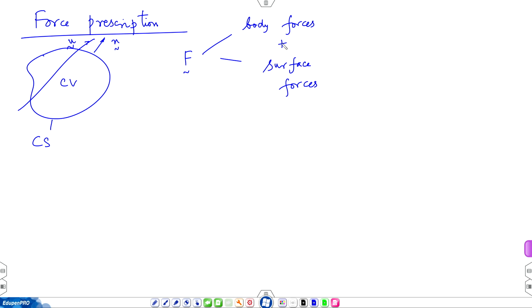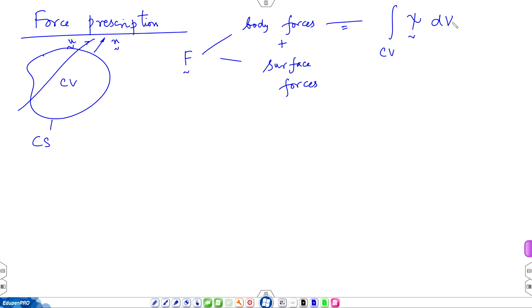So, these body forces, most of the time the body force field is independently prescribed. One example of the body force field you have seen is gravity, which is independent of the flow field. Whether fluid moves or not, gravity field is intact.